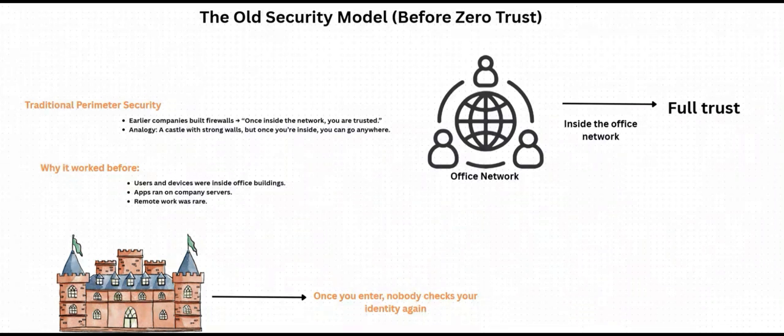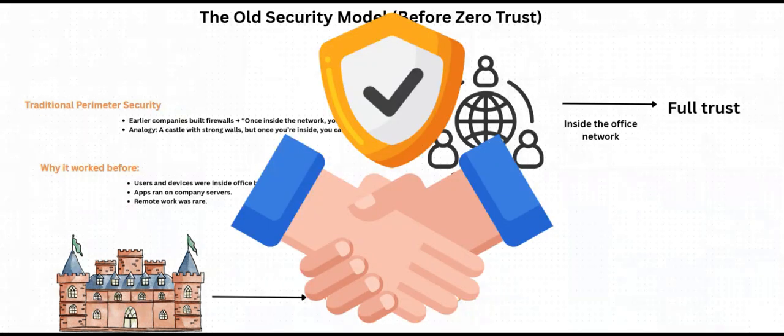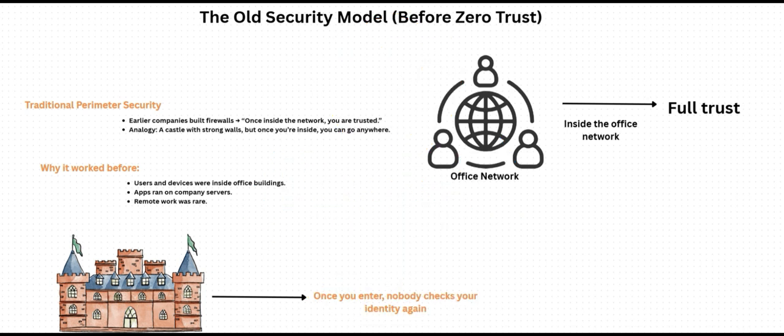Once you were inside the company's network, you were automatically considered trusted. In other words, if you were inside the firewall, you were seen as a trusted user. A simple way to imagine this is a castle and moat analogy. The castle walls are strong and secure, but once you are inside the castle, you can move freely without restrictions. So the assumption was if you made it past the gate, you must be trusted.